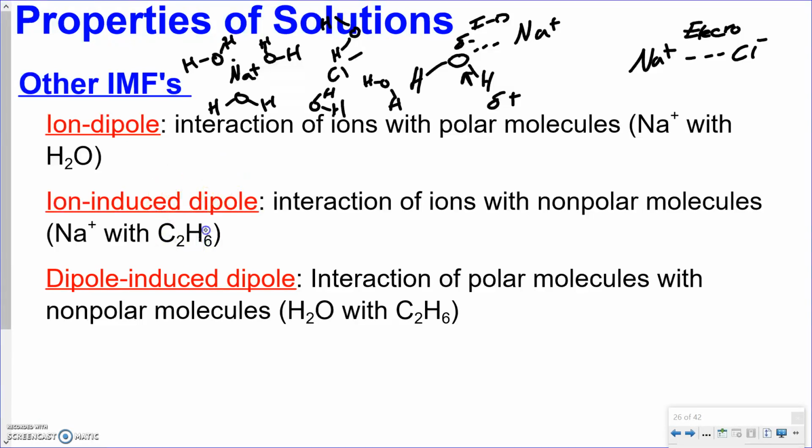What that basically means is this guy being nonpolar doesn't have dipoles, but if I put it next to something that has a charge, whether it's positive or negative, it's going to cause the electrons in this molecule to become unevenly distributed. So if you remember back to when we talked about LDFs, the scenario I use is a cafeteria or a lunchroom. Somebody opens up a bag of cookies or a pizza or a cake, and then people flock to that table.